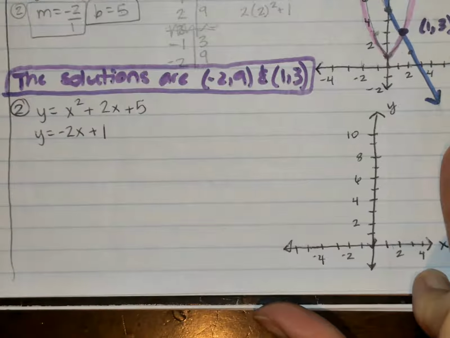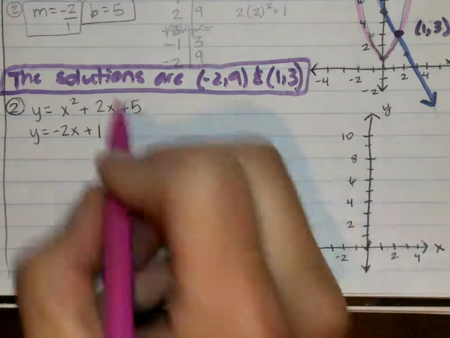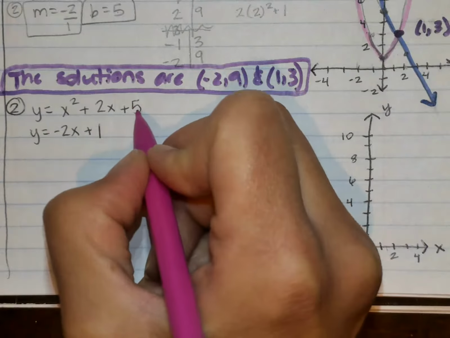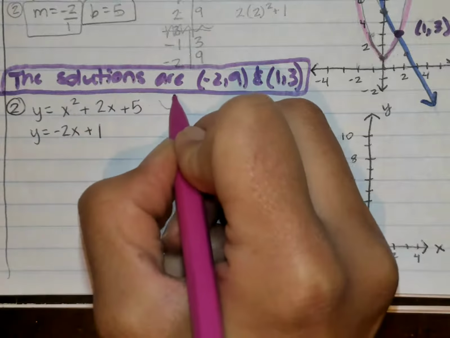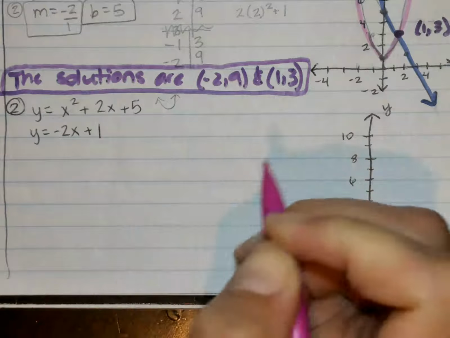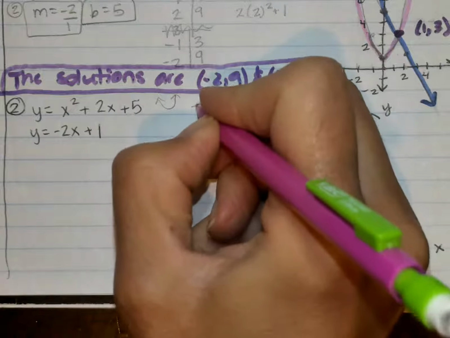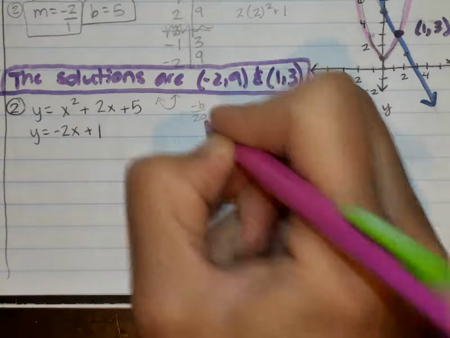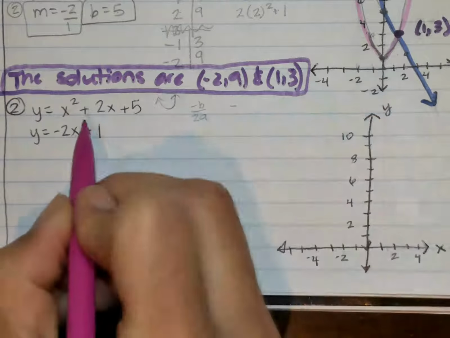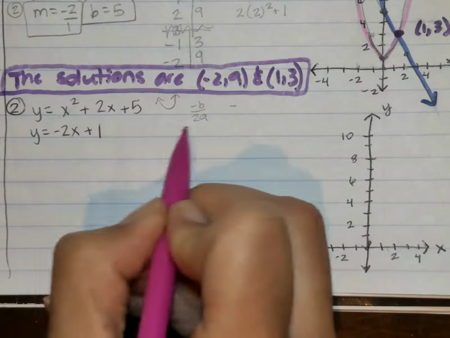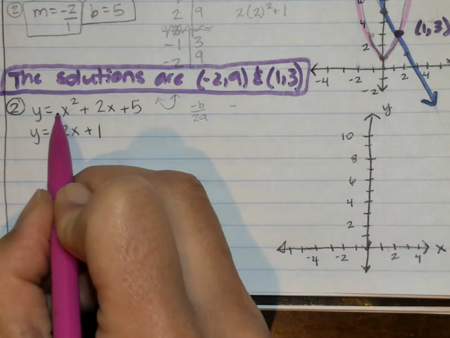So just like number 1, it doesn't matter where you start. I'm just going to start with this one. I'm going to analyze it. It's a parabola because it has an x squared. It's positive. It opens up. I'm just kind of planning. I want to do my -b/2a to get my vertex value. So I'm just going to identify b is 2. My a is 1, since there's nothing in front.